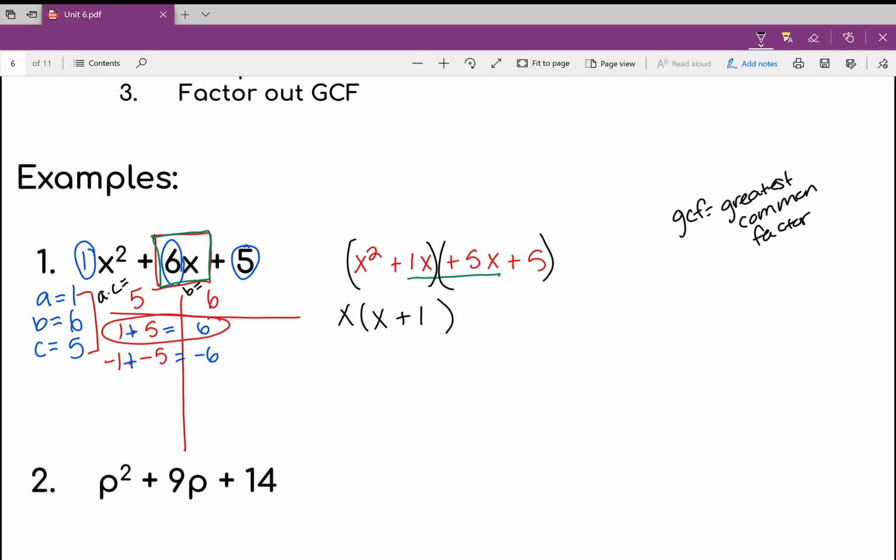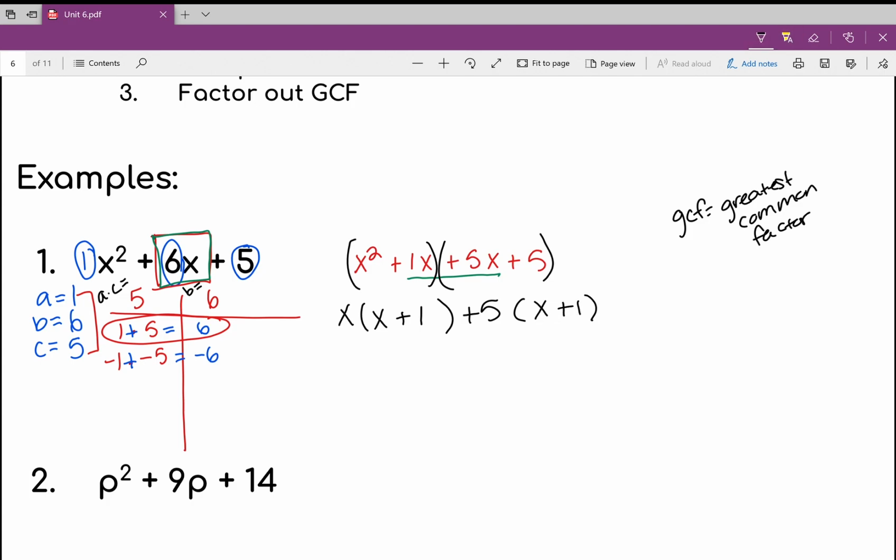Now let's find the GCF of 5x plus 5. They both don't have x's, so we can't factor out a variable, but they both have 5s. So I'm going to take out a positive 5, and then I divide. 5x divided by 5 is x. 5 divided by 5 is 1.